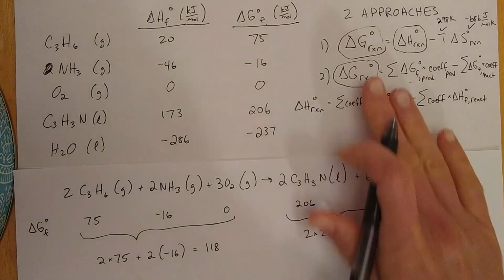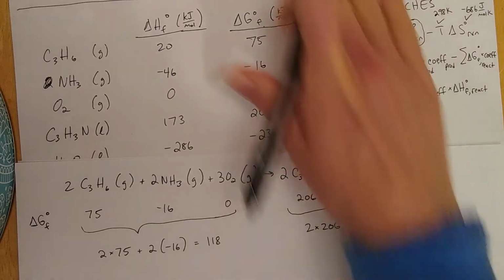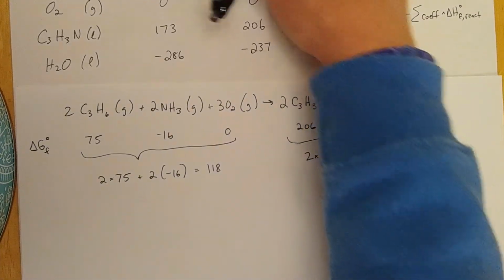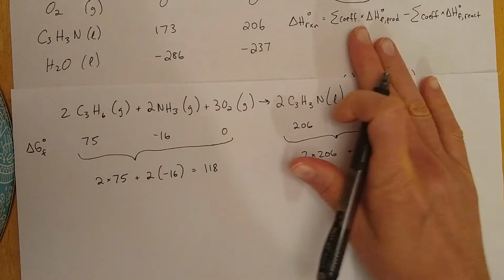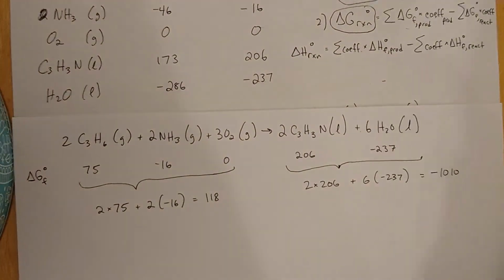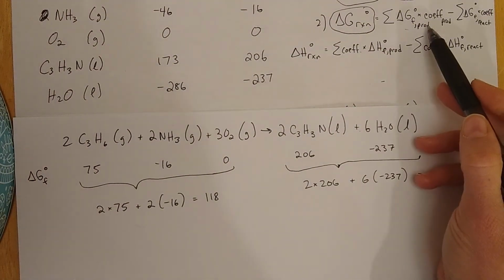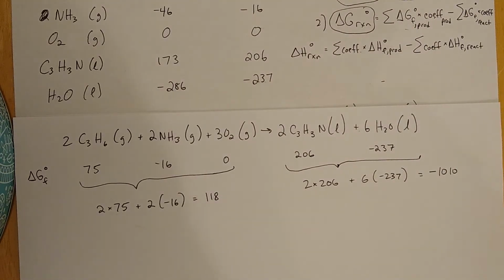So then I basically am just taking the sum of my products and subtracting the sum of my reactants.